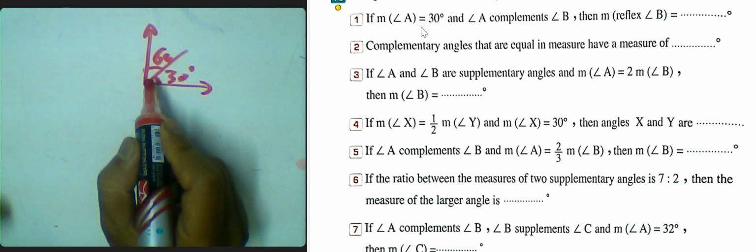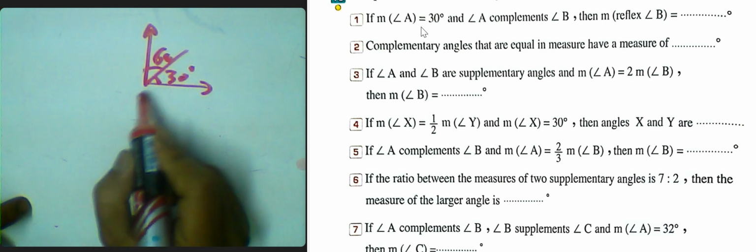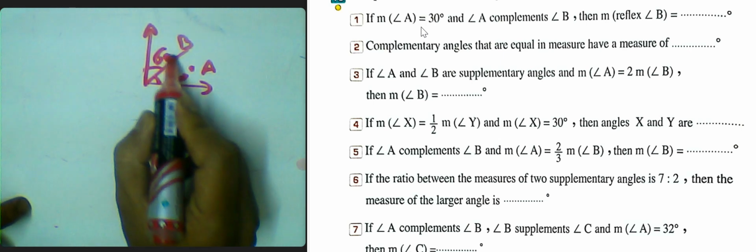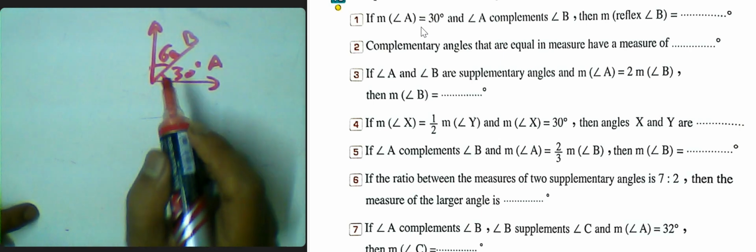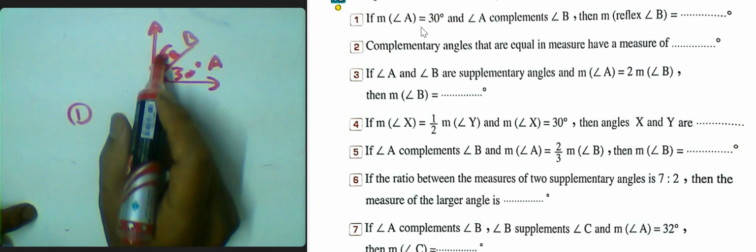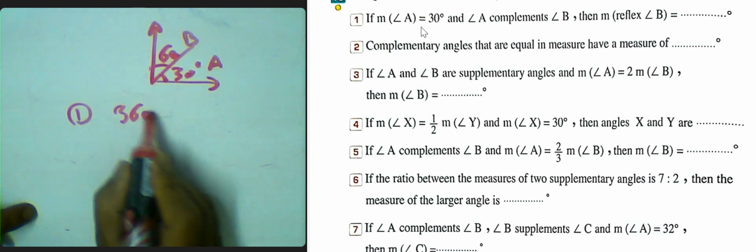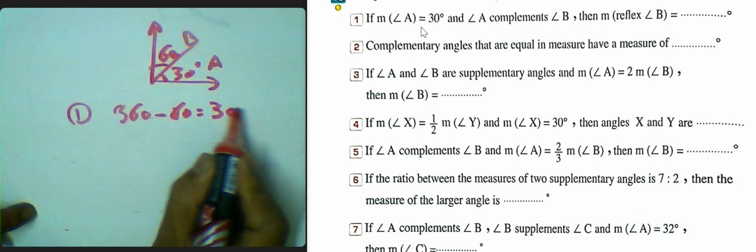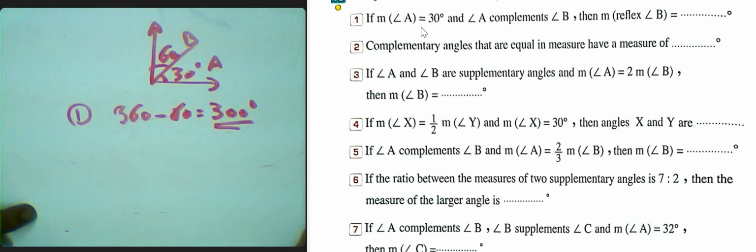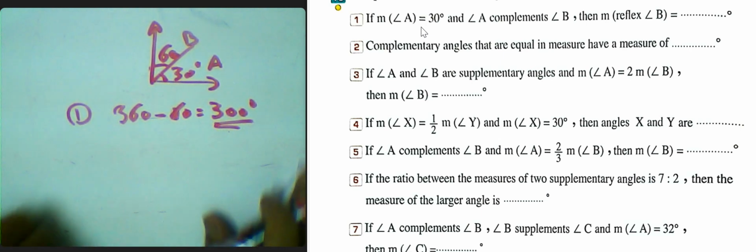Then the measure of angle B is 60. We want to find the reflex of angle 60. It will be 360 subtract 60, which is 300 degrees. Then the reflex angle will be 300.